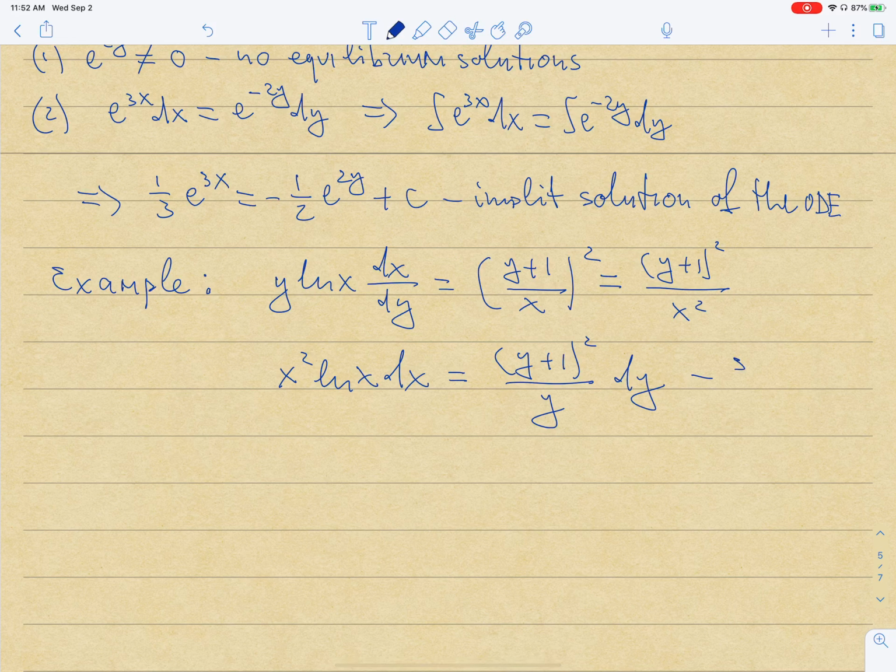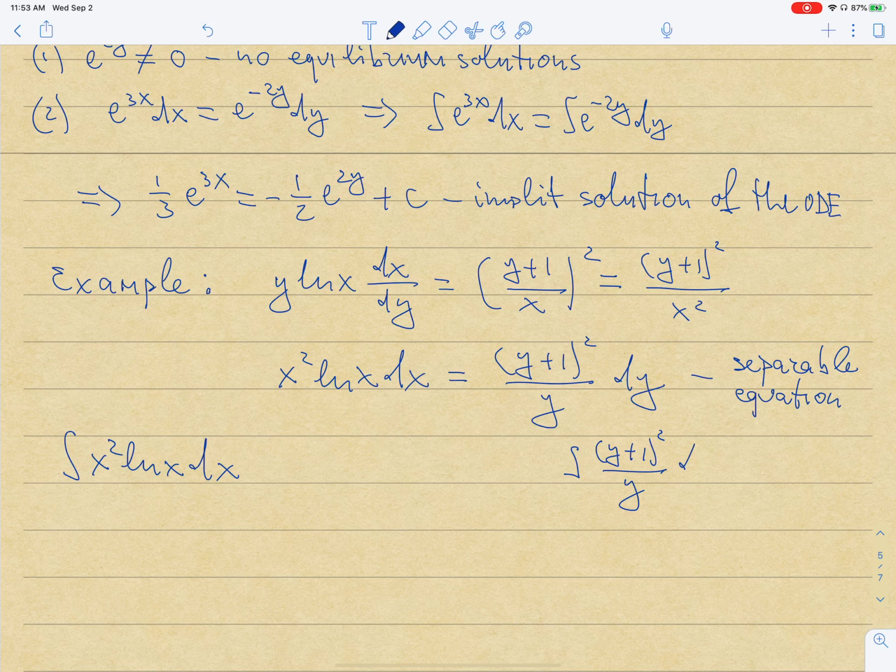So this is a separable equation, because I'm able to put x's and y's on different sides. I will be able to solve this equation if I evaluate two integrals: the integral of x squared ln x dx, and the integral of (y plus 1) squared over y dy.